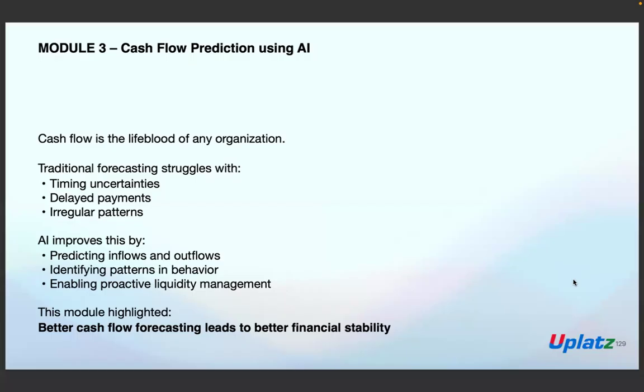AI improves this by predicting inflows and outflows, identifying patterns in behavior, and enabling proactive liquidity management. This module highlighted that better cash flow forecasting leads to better financial stability.